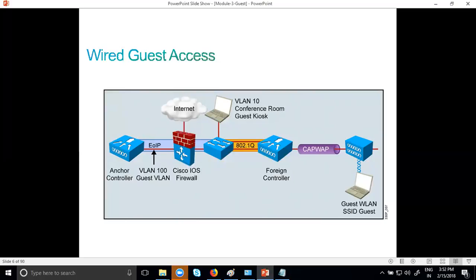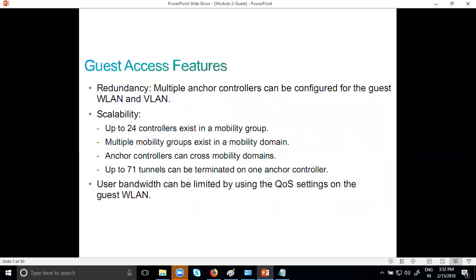We have no idea what client devices they are using, what security level they have, or what kind of devices are accessing our company's internet. That's why we are very concerned with guest Wi-Fi connectivity, not wired connectivity. But we do have those guest access parameters with wired also. So let's move on to the guest access feature for Wi-Fi.